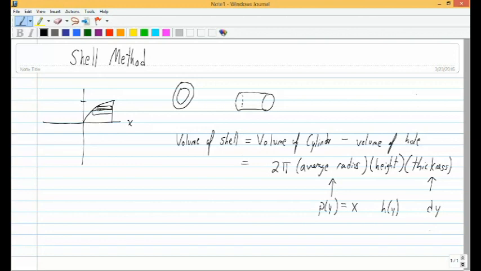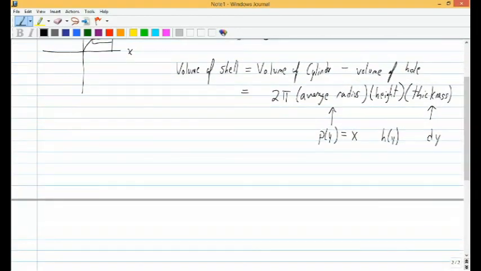Just like the thickness for any of the rectangles when we were forming discs or washers, the thickness was the dx. And so we have two formulas just like we do for the disc or washer method, depending on whether you have a horizontal axis of revolution or vertical axis of revolution.